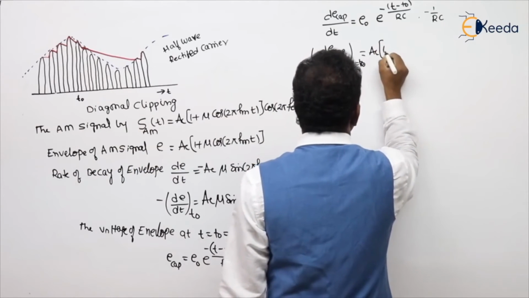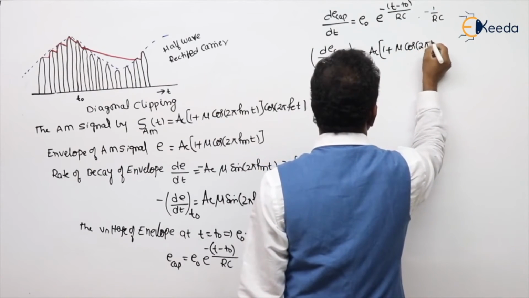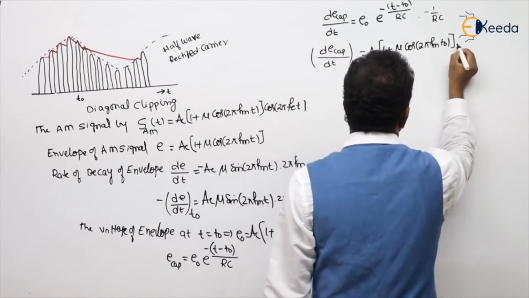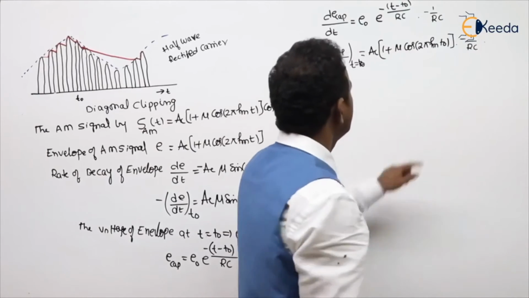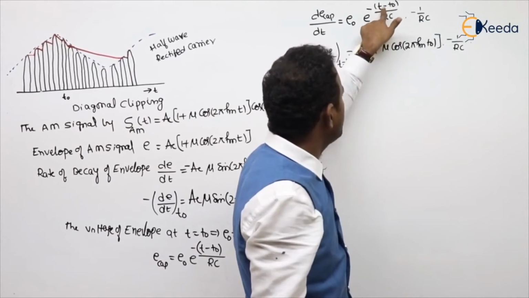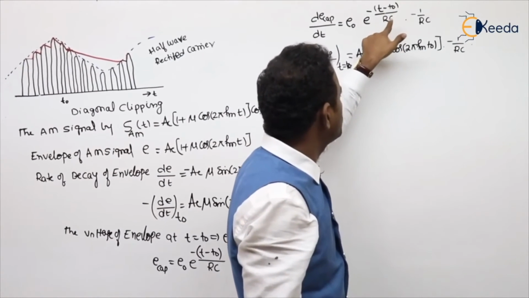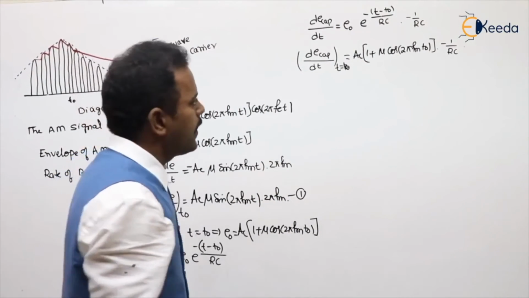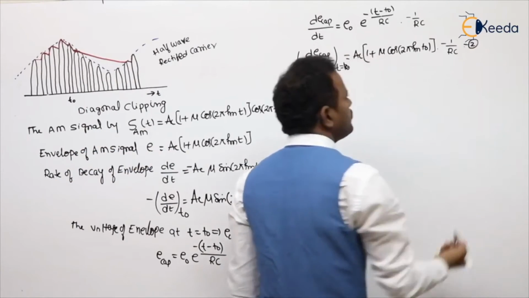AC into 1 plus mu into cos 2 pi Fm t naught, into minus 1 by RC, into e power (t minus t naught), where the constant I wrote outside, since we are calculating at t naught. In place of t you need to replace t naught, so t naught minus t naught is 0, and e power 0 is 1. Are you getting my point or not? Let's take this as expression number 2.